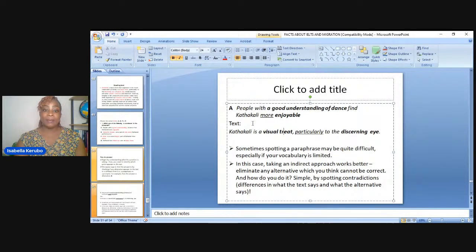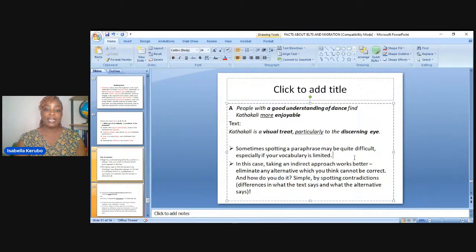So that makes option A the correct answer. People with a good understanding of the dance find Kathakali more enjoyable because in the text we are told Kathakali is a visual treat, particularly to the discerning eye.